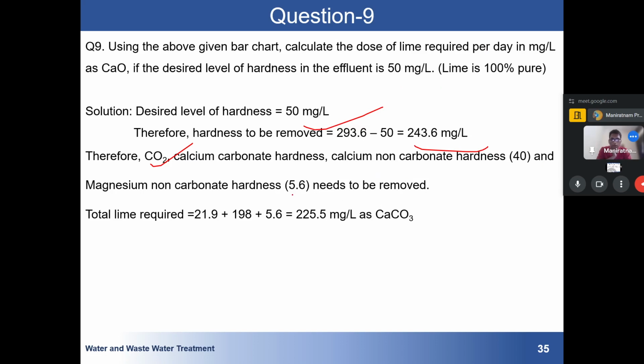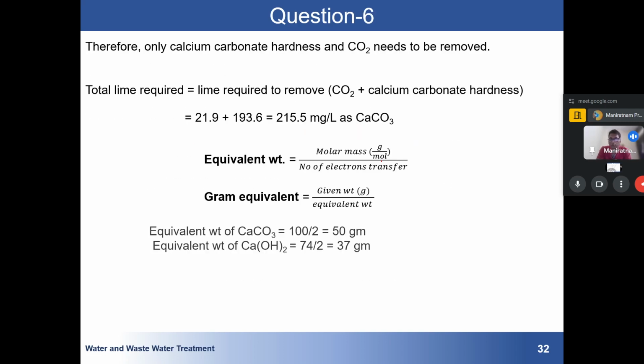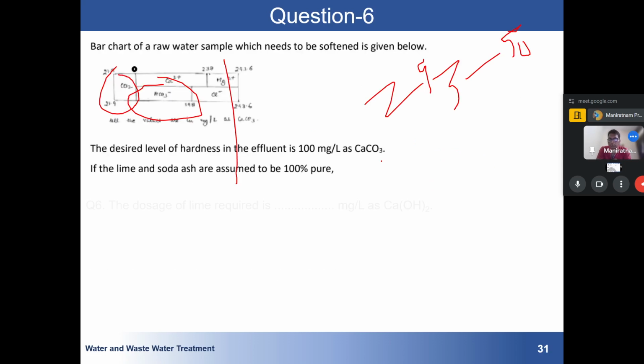Remember, this non-carbonate hardness is again divided into two things. Actually, let me do one calculation.